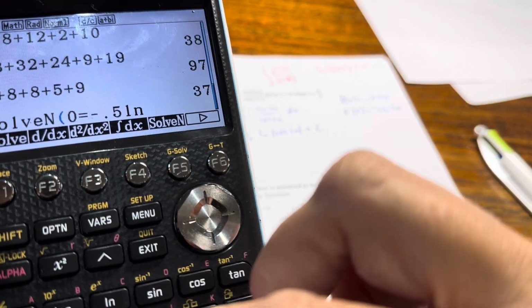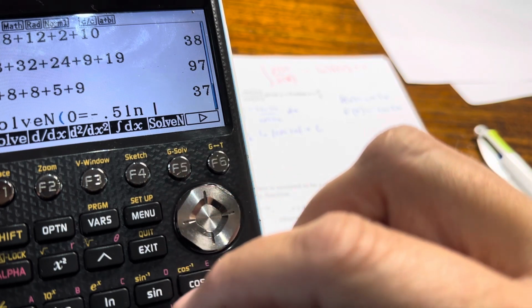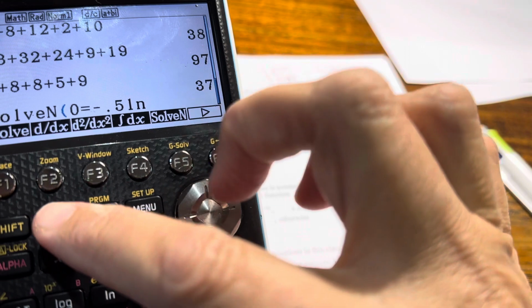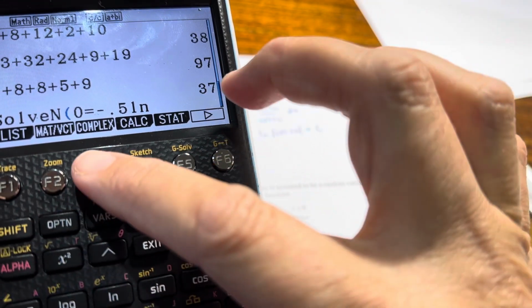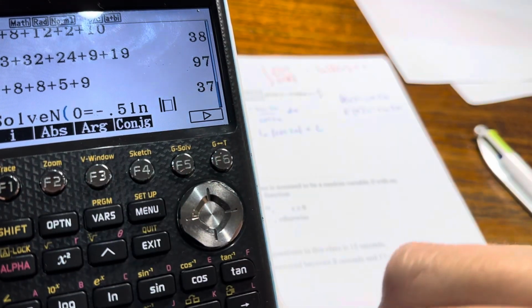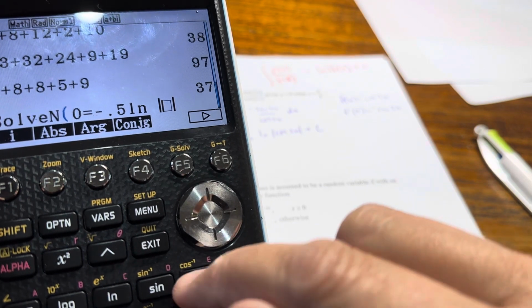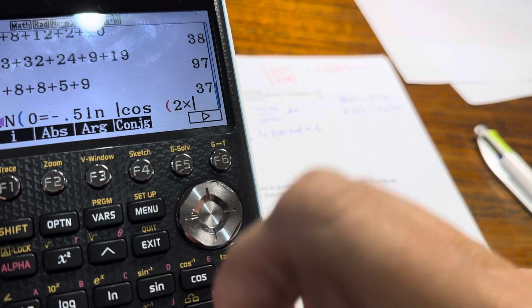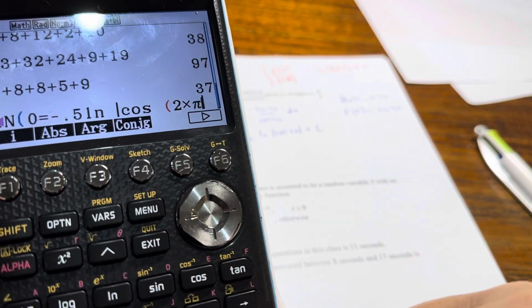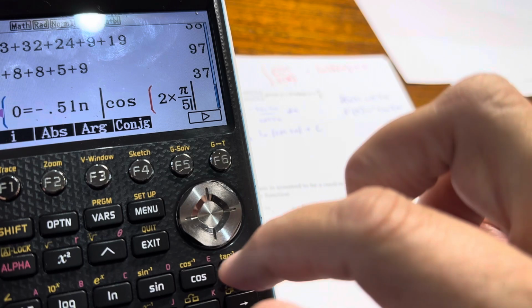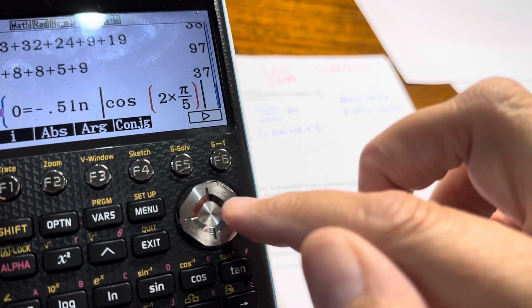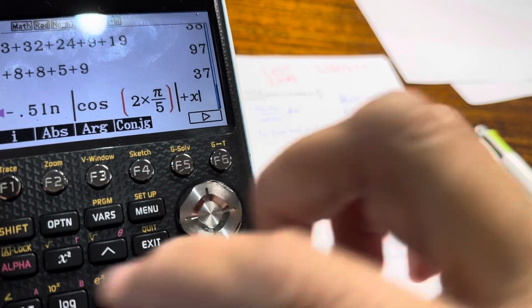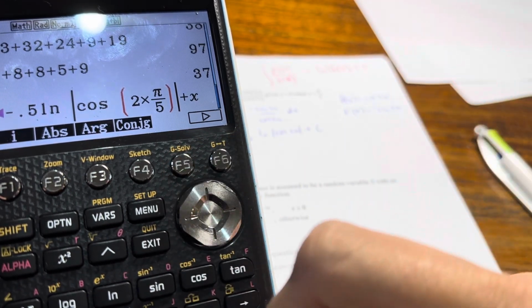Now you can do your absolute value signs, because it's an absolute value: cos in brackets 2 times shift pi on 5, close my brackets, and then I want plus x because that's what I want to find.